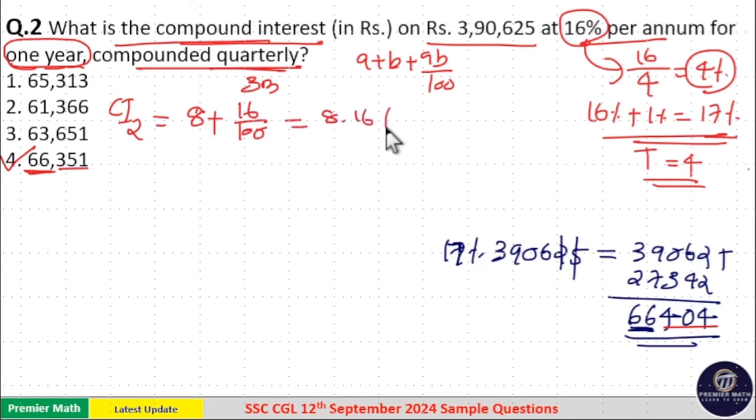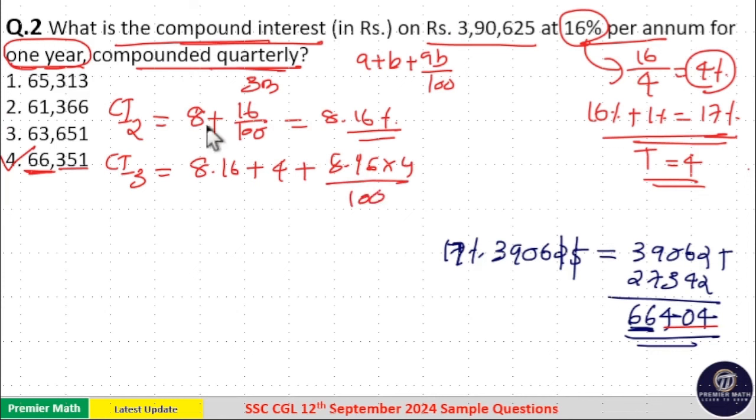That is 8.16%. Now, compound interest for 3 quarters: for 2 quarters it is 8.16, plus the third quarter it is 4%, plus 8.16 into 4 divided by 100. Now leave this 0.16 and calculate for the exact number, that is 8 into 4, 32.